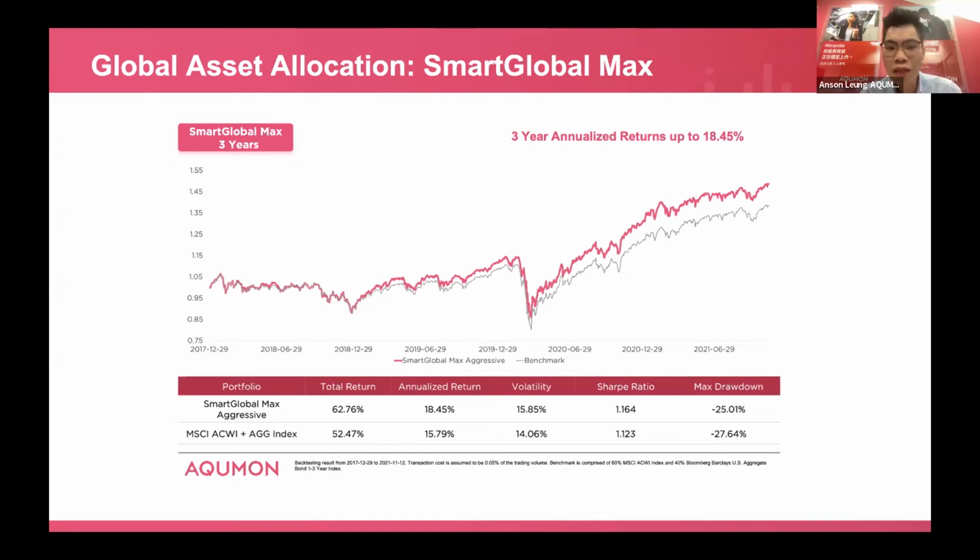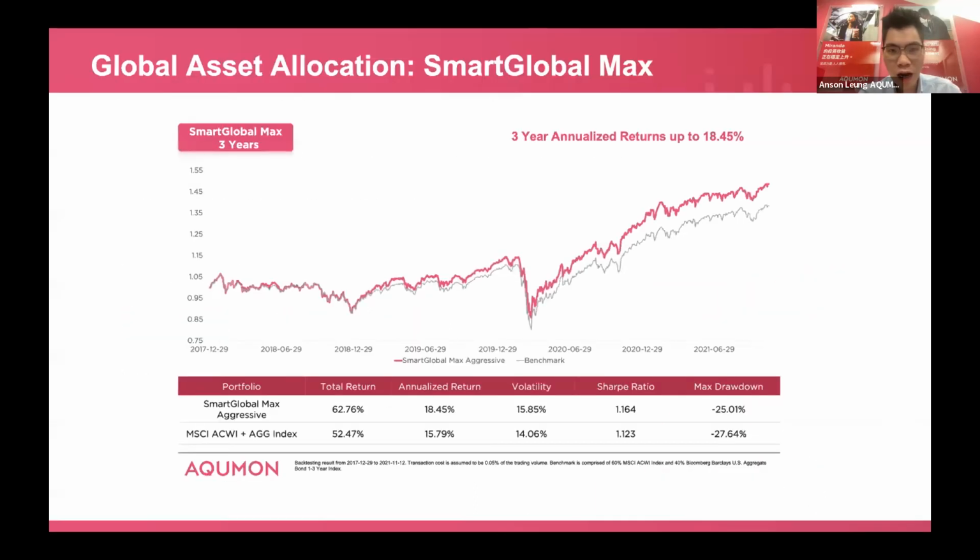Even with the pandemic going on in 2019 to 2020, we can still see that our global asset allocation portfolio is quite resilient to all kinds of market conditions. And from the historical performance, we can see that AQUMON's portfolio can generate quite stable return with relatively low volatility or risk.